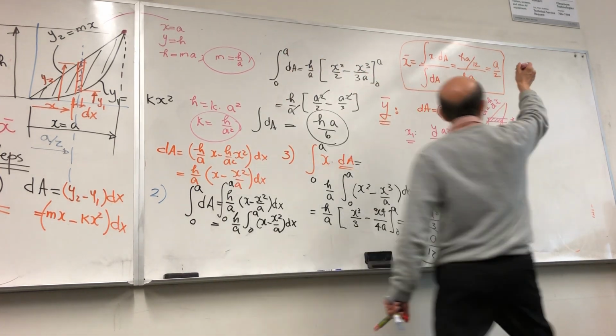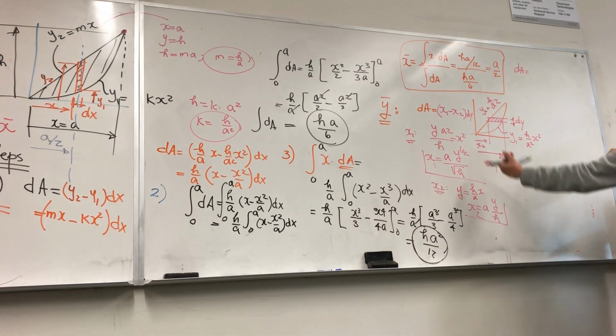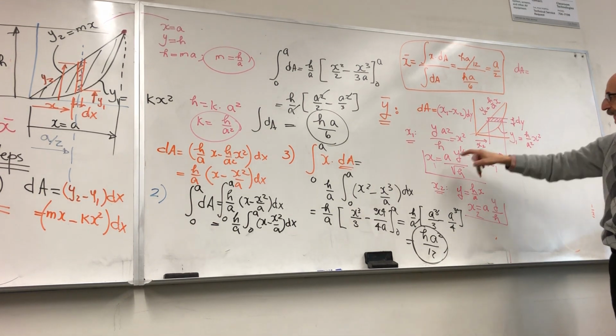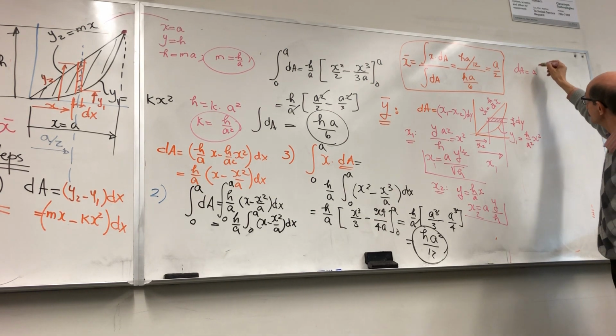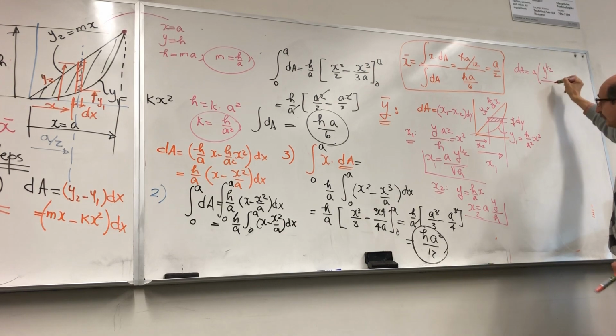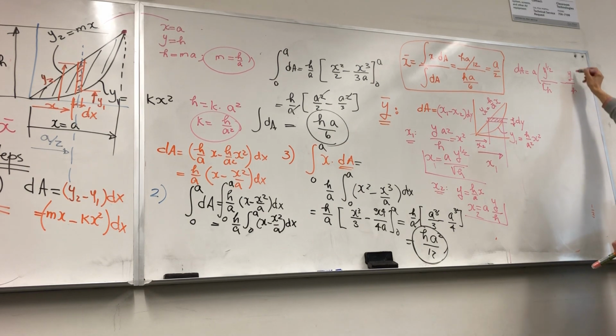So dA would be x1 minus x2. I will factor a out to make it a little bit easier. So you have a times y to the power of half divided by square root of h minus y divided by h, dy.